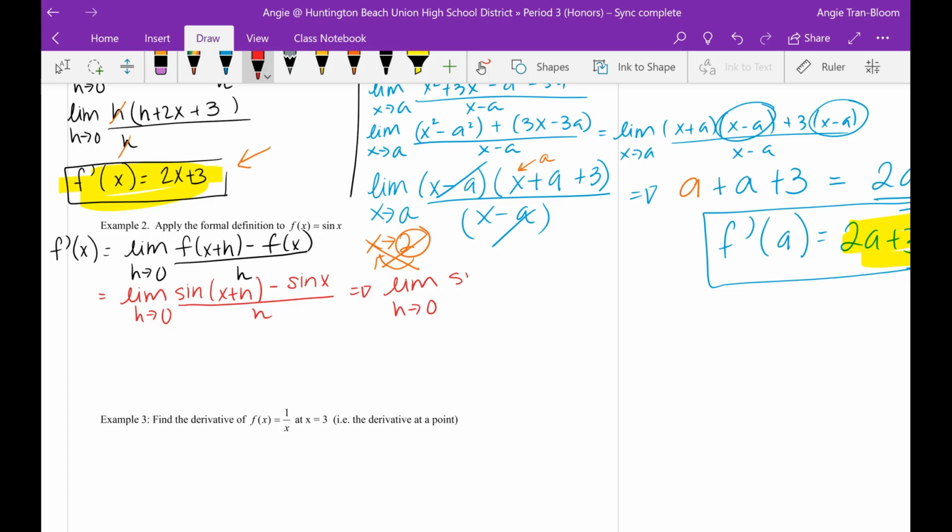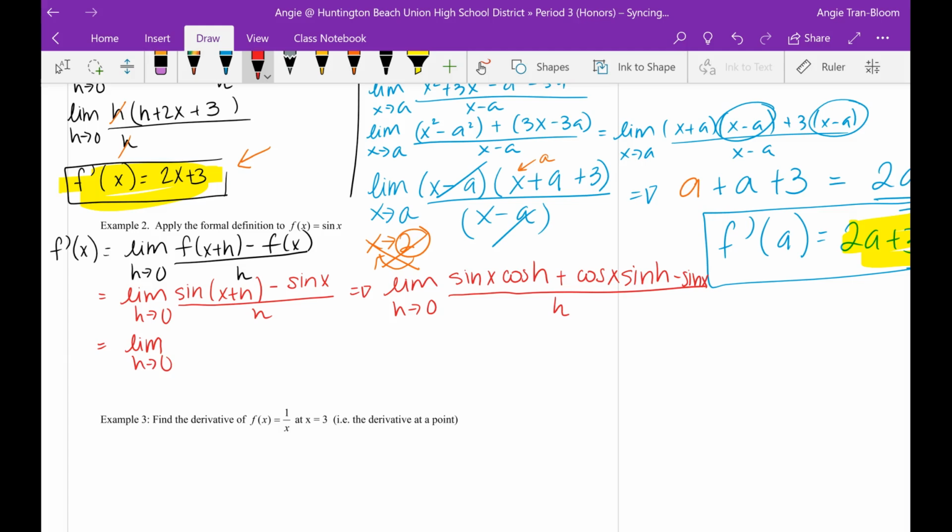So here we go, sine of x cosine of h. Then I'm going to add cosine of x sine of h, and then just drop the sine of x back all over h. Then continue, limit as h approaches 0.